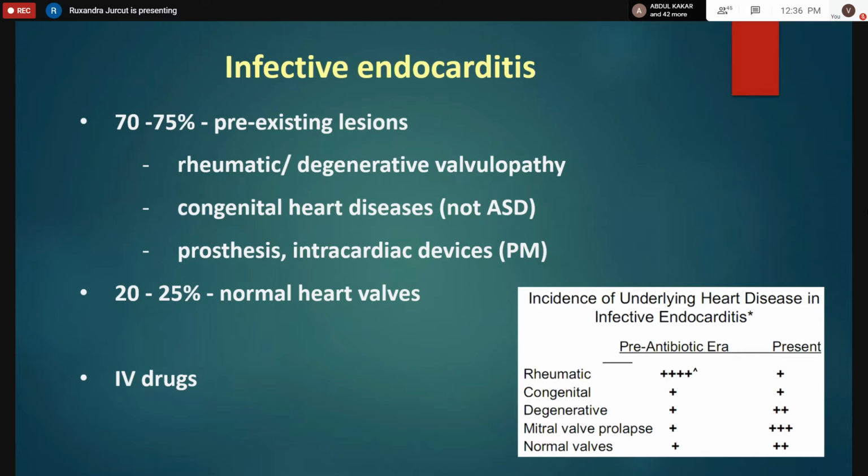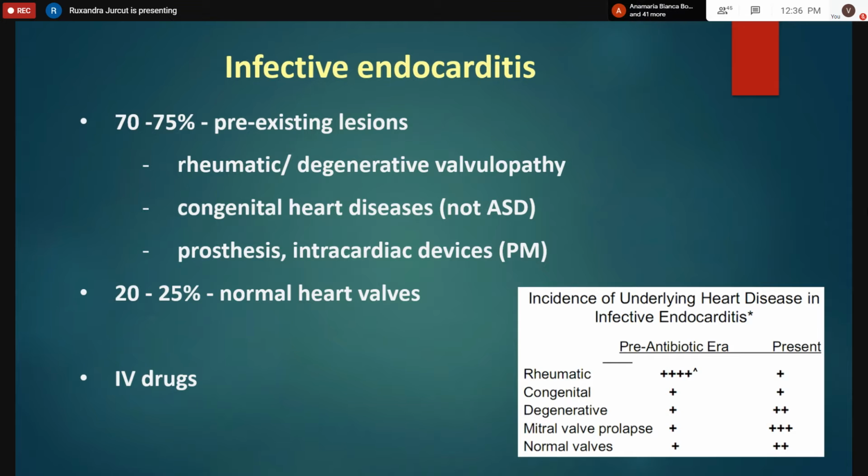It can be a foreign material in the heart, like, for example, a valvular prosthesis, or the leads of intracardiac devices, for example, leads of a pacemaker or a defibrillator, which can also harbor vegetations. However, up to 25% of infective endocarditis cases can appear on normal heart valves.